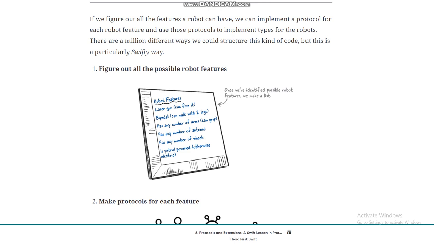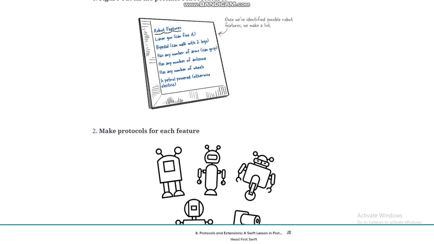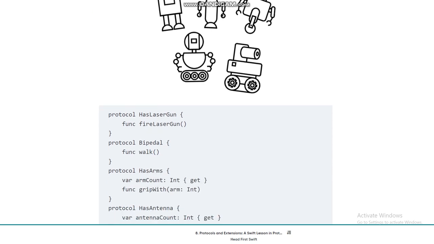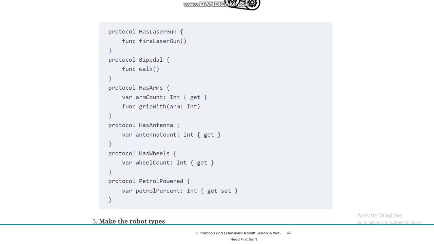Figure out the possible features that we have. We have a robot, as we were talking, that is bipedal, so it also has two legs. It has arms, as we were talking, and has wheels, etc. So suppose that we have all those different kinds of attributes that this protocol has, and we have a protocol like HasLaserGun, right?